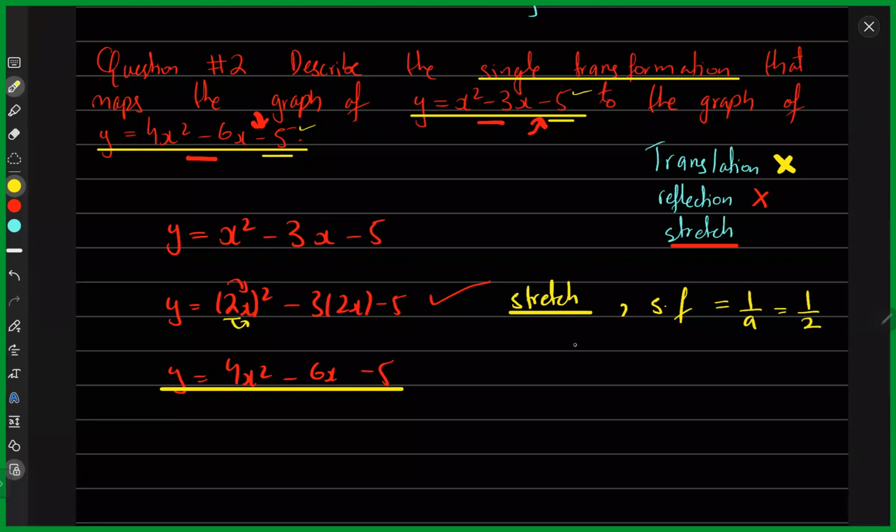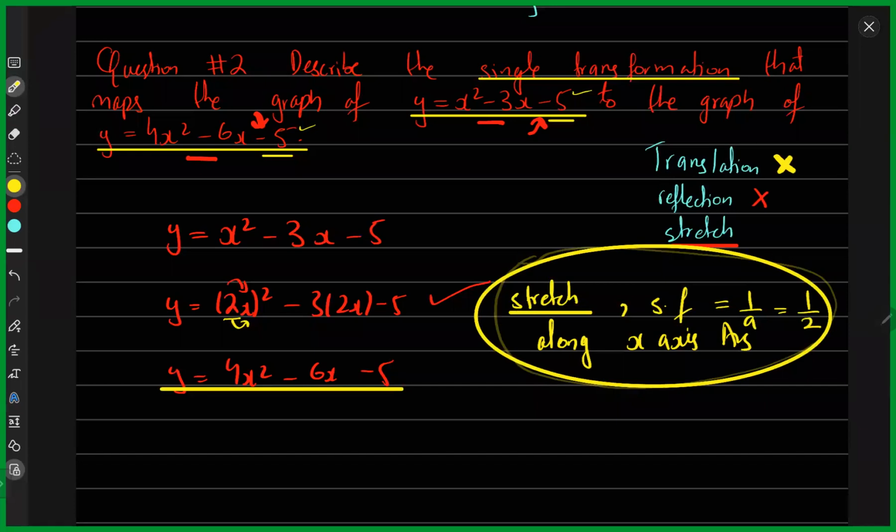And the last mark I would get by telling if it would stretch along the x-axis or y-axis. Okay, so it would be along y-axis. No, it would be along x-axis. So this is basically the answer. Every other thing was done for your understanding, but you would get marks for this thing only. And this obviously is important for your understanding, just so you guys understand the idea, okay?